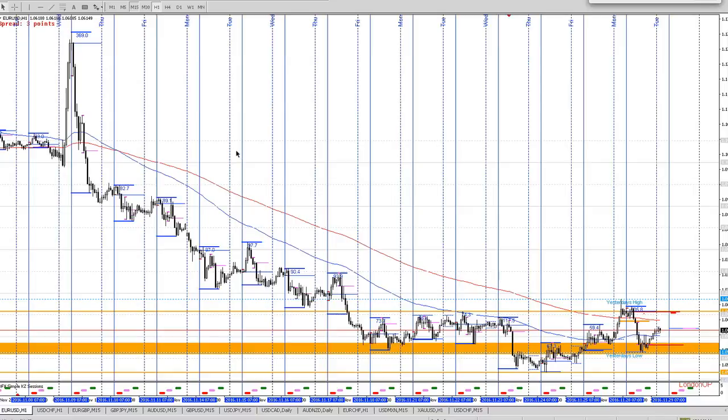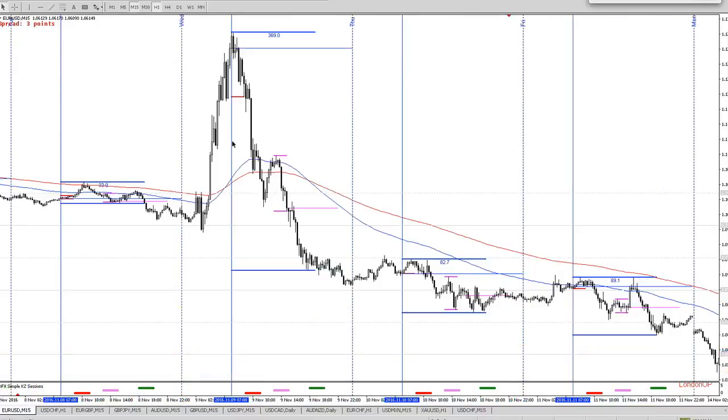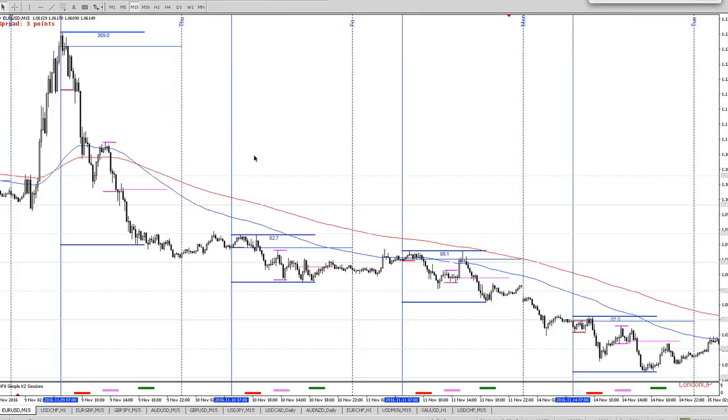Then you drop down to the 15-minute chart. We know it's a downtrend because these EMAs are the reds on top of the blue, which indicates a downtrend. Therefore, I wouldn't actually trade this Thursday because price has not rallied up.